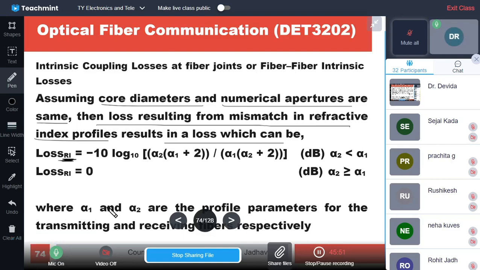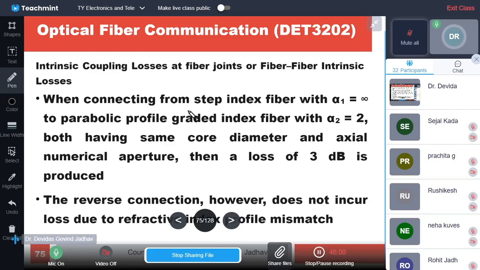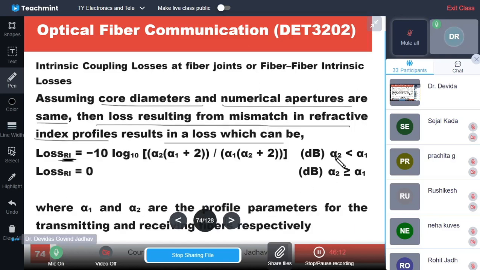So alpha 1 and alpha 2 are profile parameters for transmitting and receiving respectively. When connecting from a step index fiber with alpha 1 equal to infinity to a parabolic, graded index fiber with alpha 2 equal to 2, alpha 2 is smaller than alpha 1, so there will be loss.